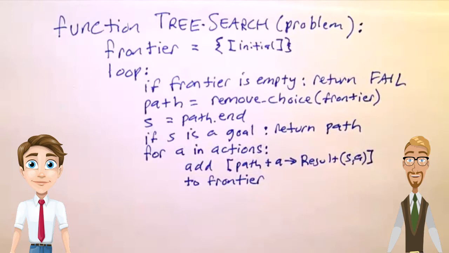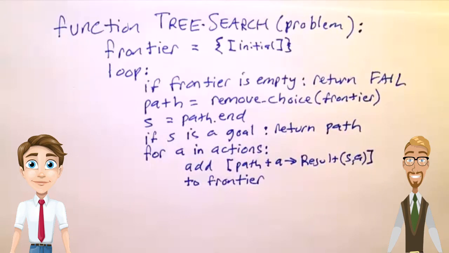The function tree search takes in one parameter, problem. Inside the function, the first line is to let frontier equal the initial state. The second line is loop colon. The next line is if the frontier is empty, the function returns fail. The next line is path equals remove choice of frontier.